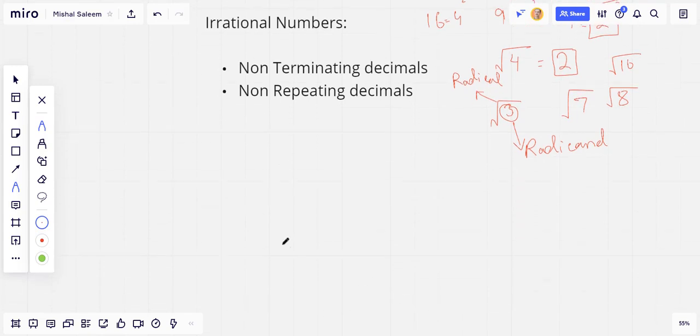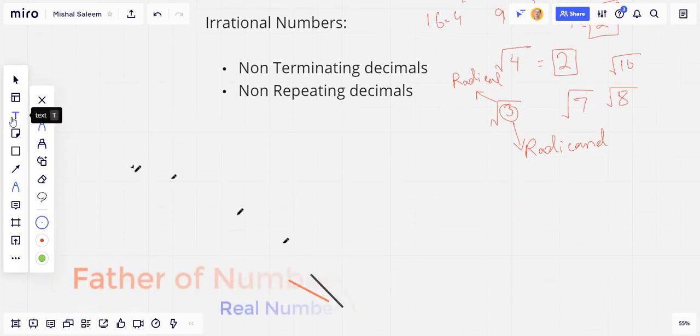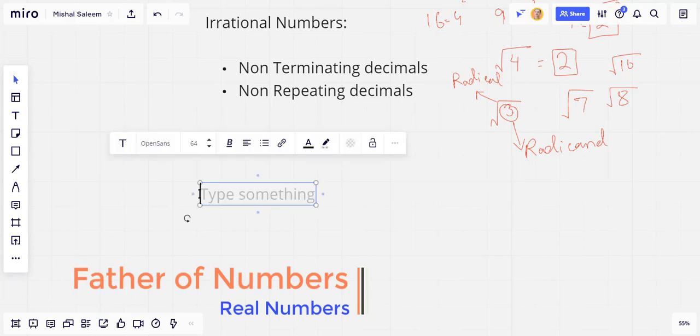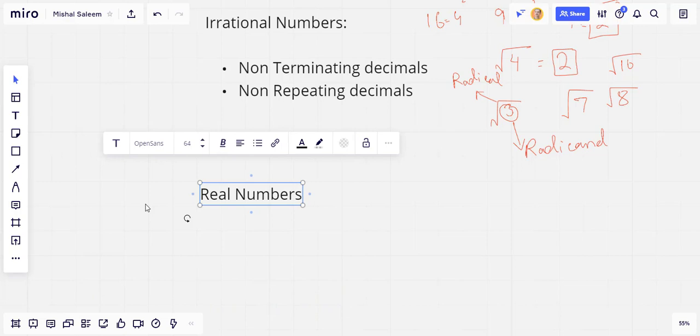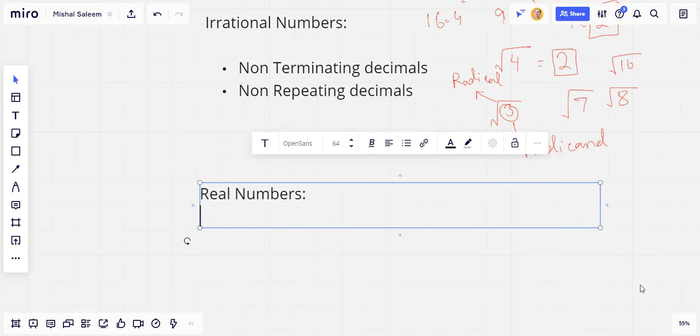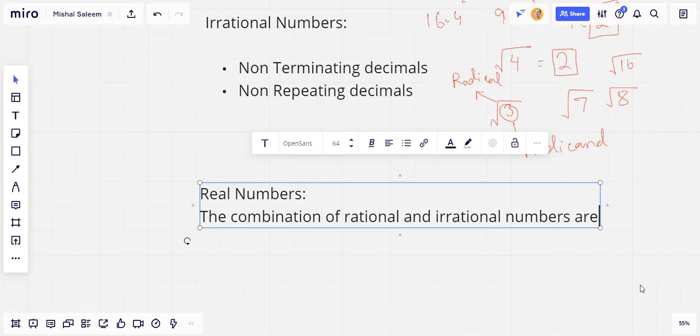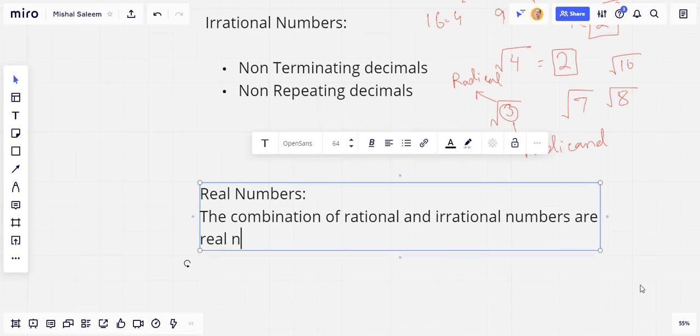Okay, now let's put it all together for real numbers. We can say that the union, or the combination, of rational and irrational numbers are real numbers.